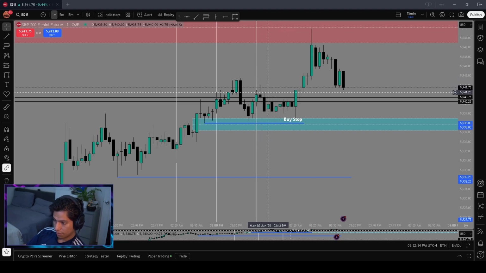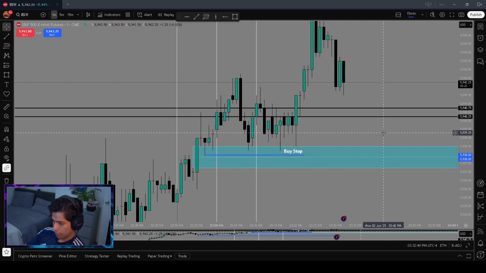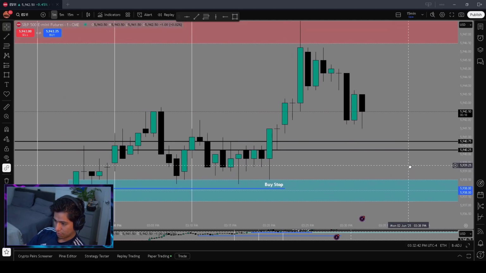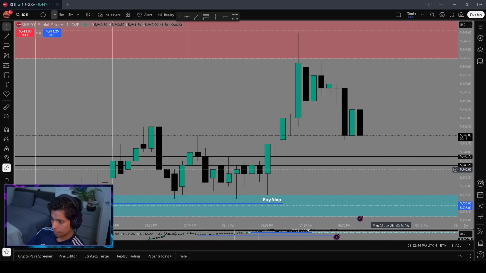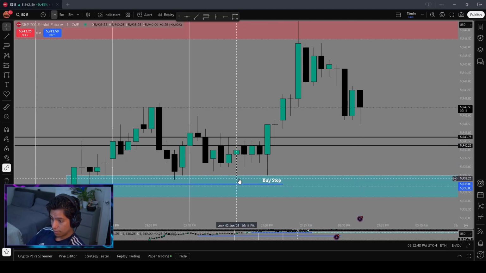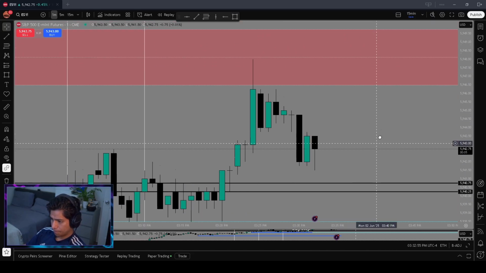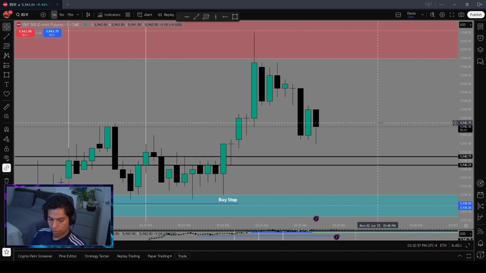But no, what usually happens is it uses old fair value gaps, order blocks, all that good stuff that I can't really explain right now since I'm still learning. But the thing that I did at least know is that it's going to use this old fair value gap and probably reach up here, which it did end up working in our favor.